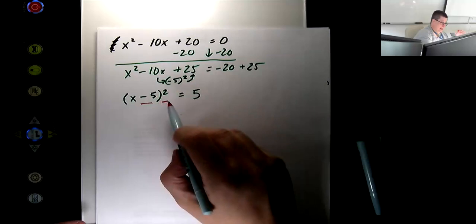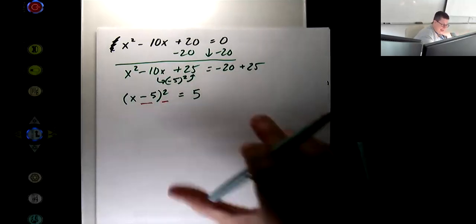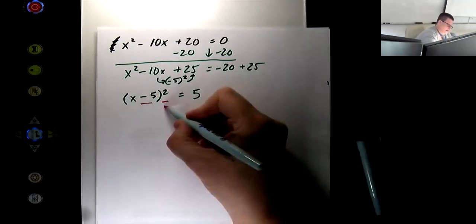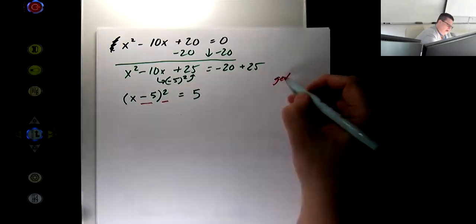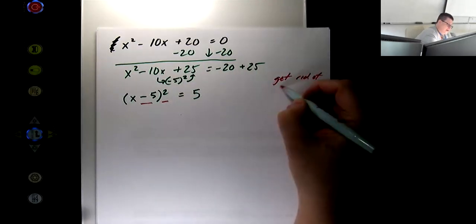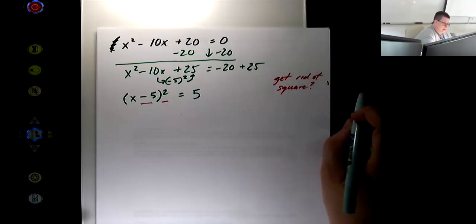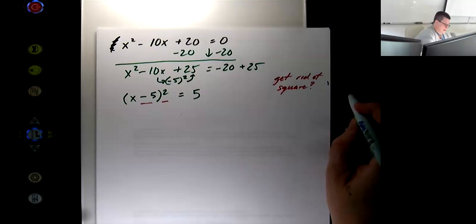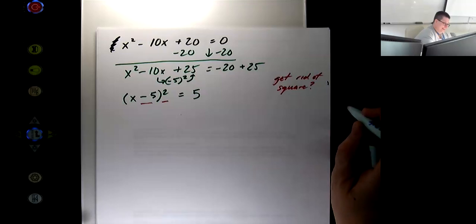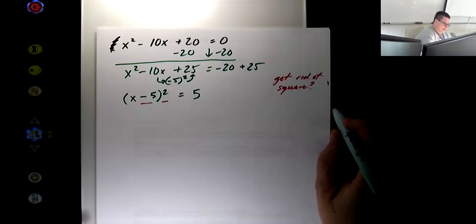And we gotta work from the outside in. How do I get rid of the square? By squaring x minus 5. Or not squaring. Close.